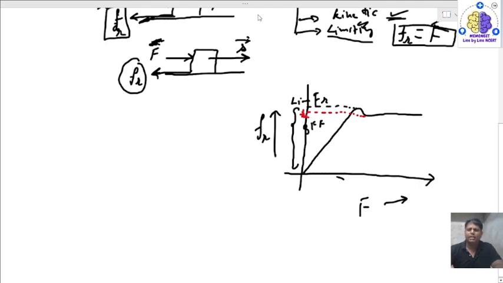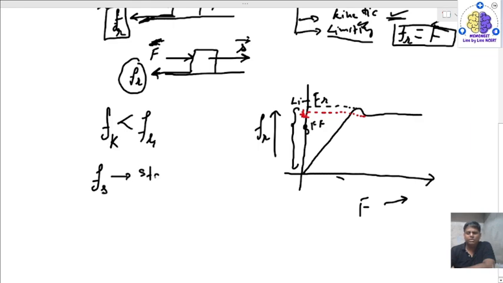So what we see from here is that the kinetic frictional force is less than Fr, where Fr is the limiting frictional force, and Fs we will call static frictional force.